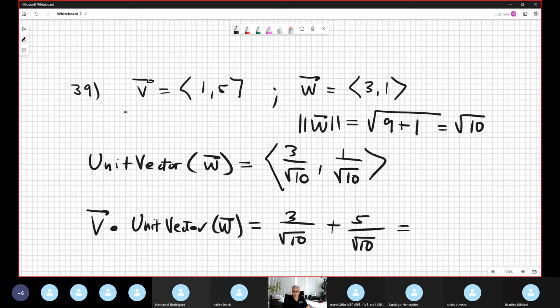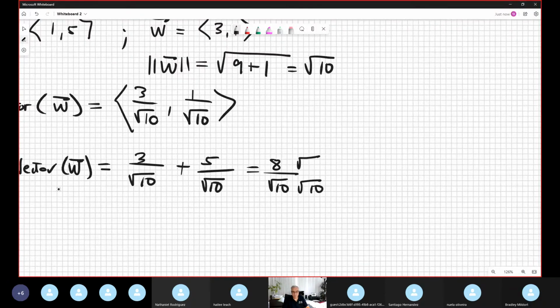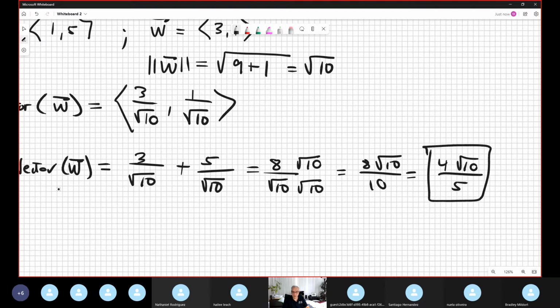So it is 8 over radical 10. This is the moment that I rationalize. 8 radical 10 divided by 10. You reduce to lowest terms, it is obvious that it is 4 radical 10 over 5. And this is the component. This is the length of the vector B1.